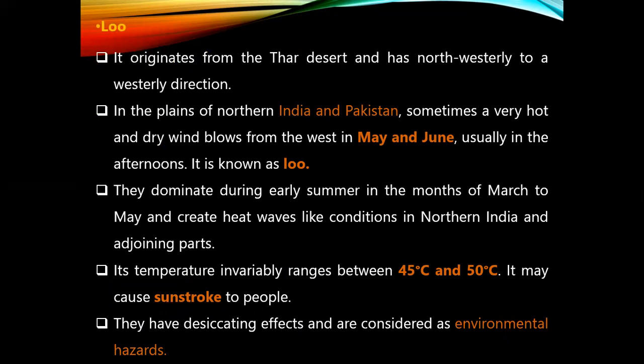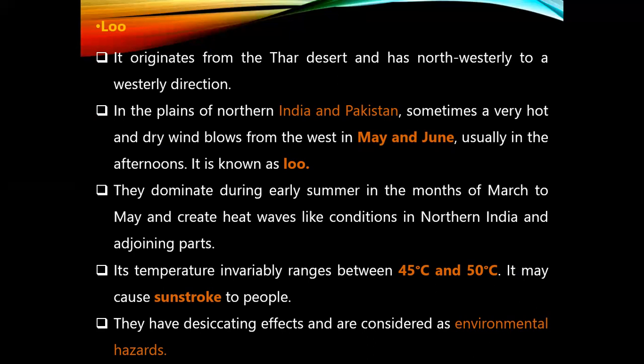Loo winds. Loo winds originate from the Thar Desert and blow in a northwesterly to westerly direction. In the plains of North India and Pakistan, sometimes a very hot and dry wind blows from the west in the months of May and June, usually in the afternoons.